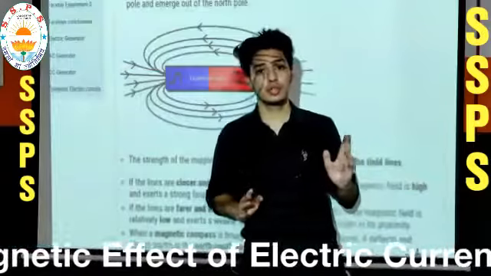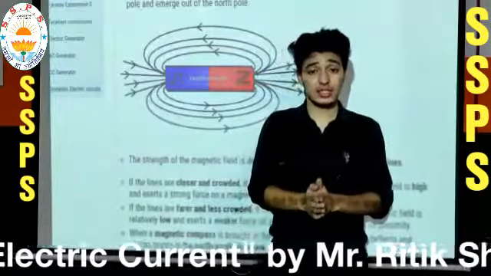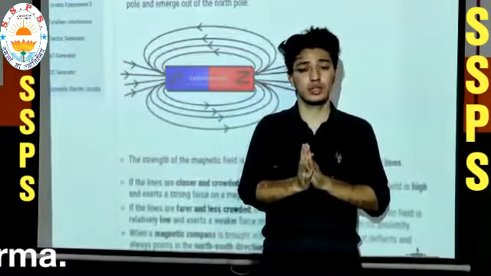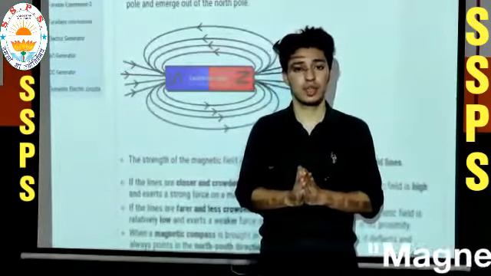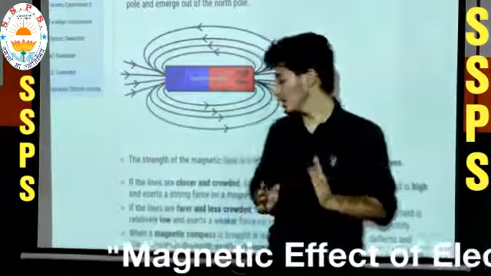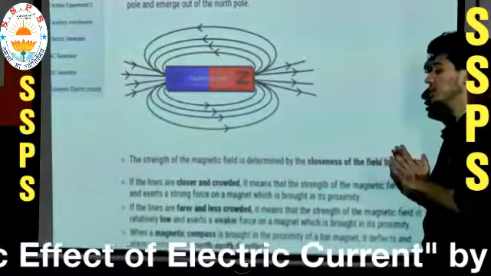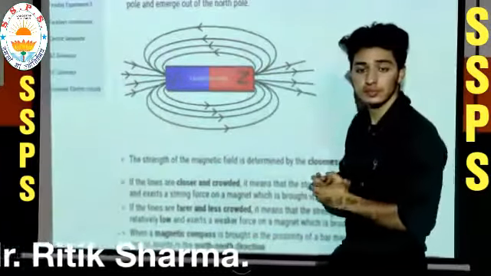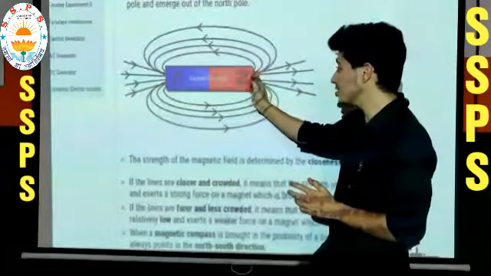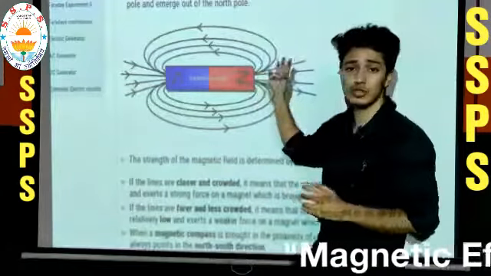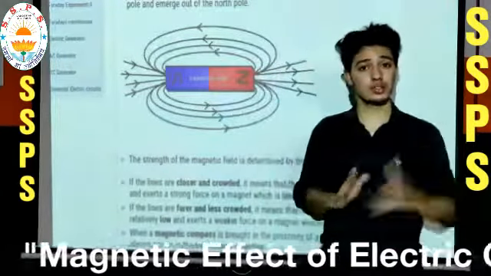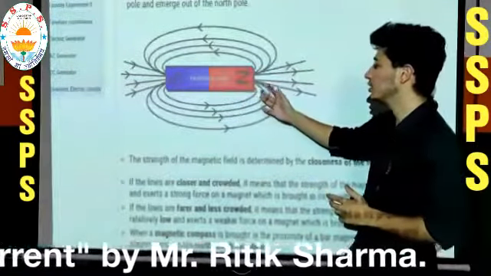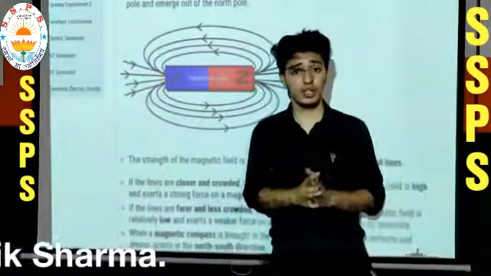And if the magnetic field lines are farther away, or less crowded, it will have a weak force. If they are denser, the force at that point is larger. If they are not crowded, the force at that point is weak.